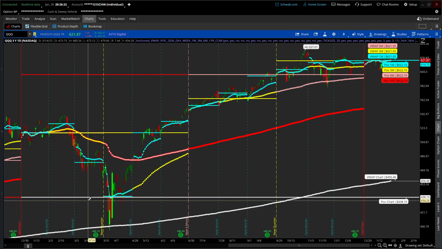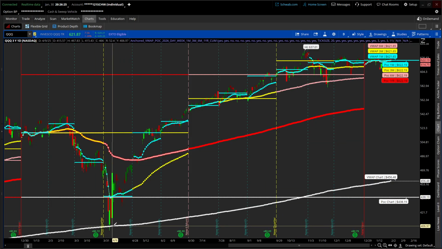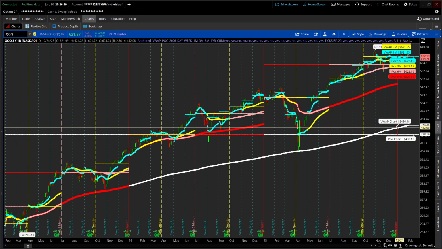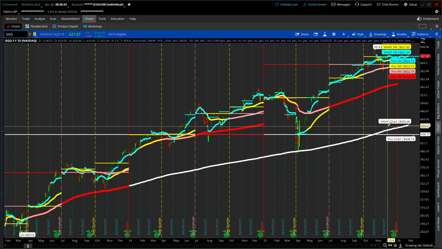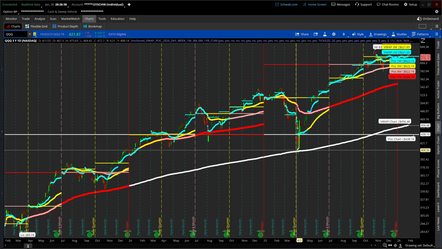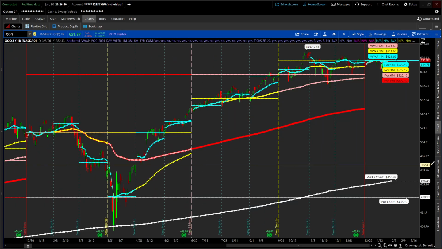And you can see it's very useful for QQQ because you can look right here on this 3 year cumulative VWAP, or the chart VWAP, which represents 3 years' worth of data. And you can see it act as support back here in April when the market fell out the bottom.